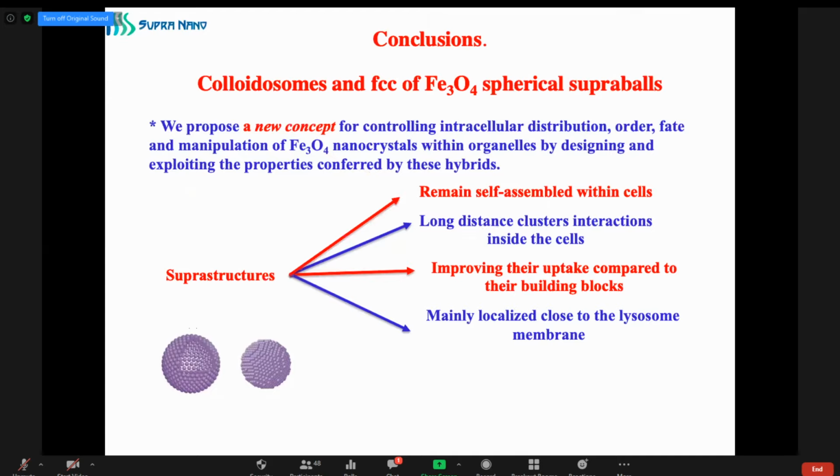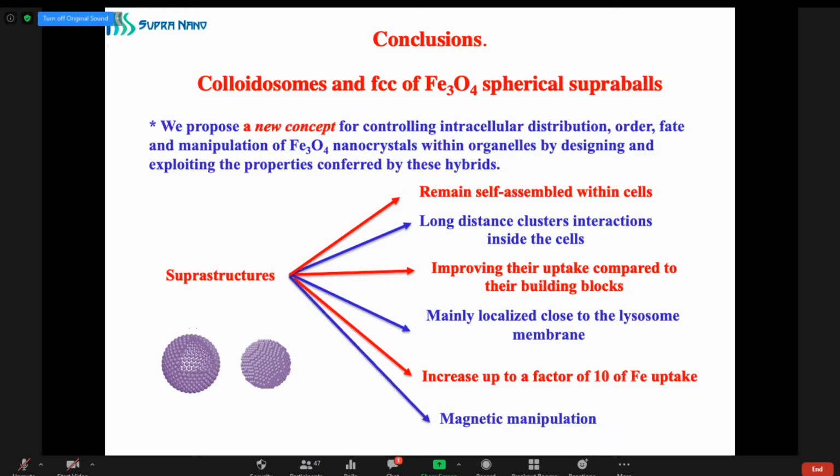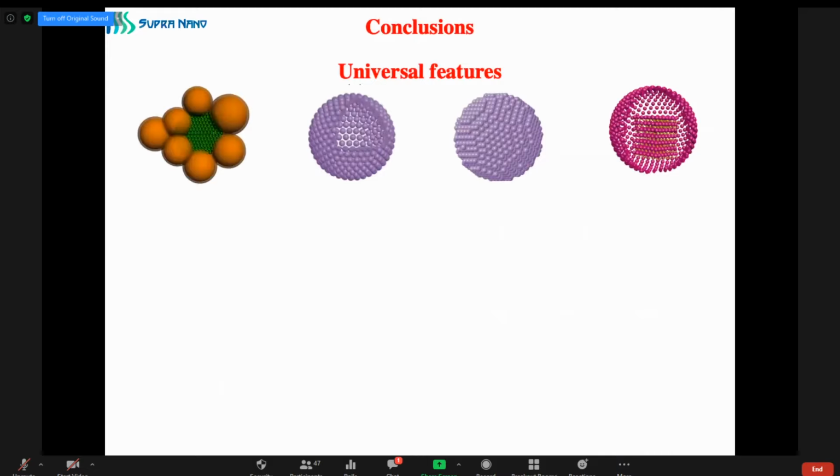Mainly, the nanocrystals are localized at the liposome membrane. We increase by a factor of 10, and you have magnetic manipulation. And we have a high thermal, I don't know if it is really English, property.